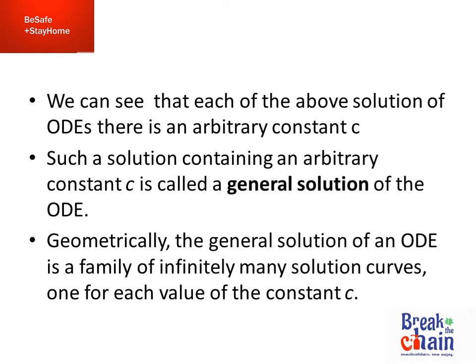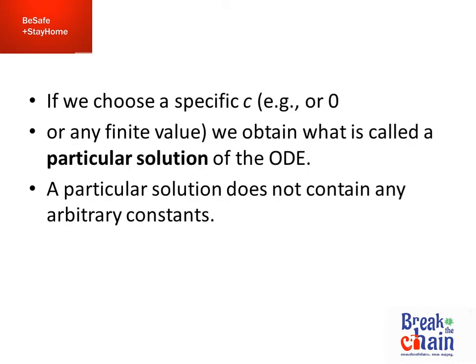In the previous slide, you can see a large number of such curves. All such curves are said to be general solutions of the given differential equation. If we choose a specific value for c, we obtain what is called a particular solution for the differential equation. A particular solution does not contain any arbitrary constant.